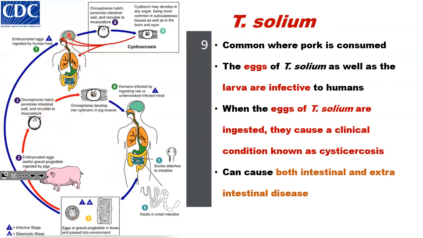And it can develop in different organs of the body. So you can have this larva form, which is referred to as cysticercus for one, cysticerci for many. They can lodge in the brain, they can lodge in the eyes, they can lodge in the lungs, they can lodge in the liver. You can have them even in the bone marrow. Okay, we can have them in muscles, scalp muscles, and things like that.